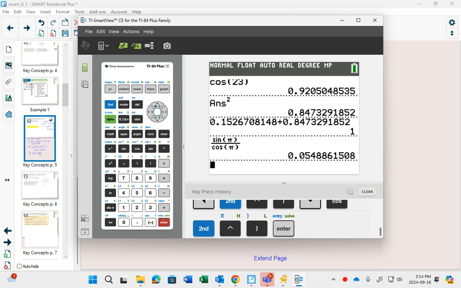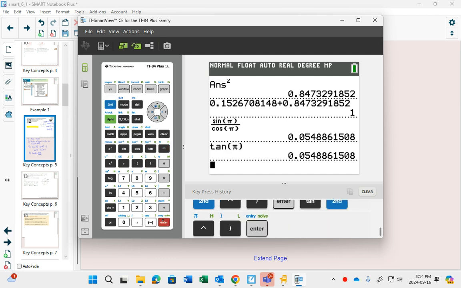Get an answer. Disappointing. Wanted something amazing to happen here. Not that exciting of a number. And then we try tan of pi, and it is identical. Whatever angle you put in, tan of theta is always sine of theta divided by cos of theta.